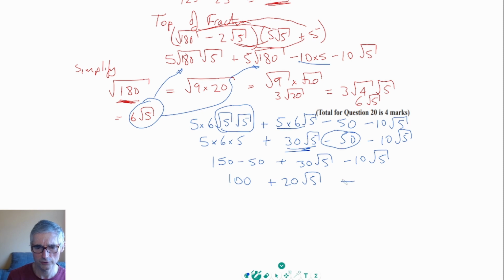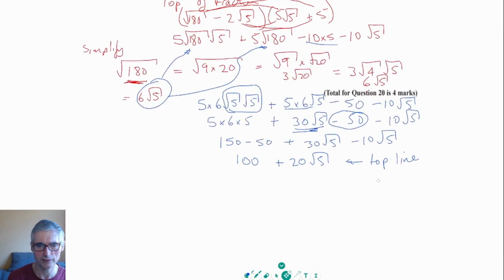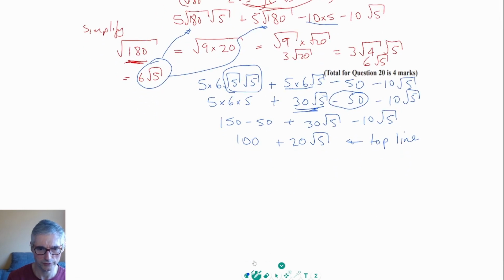So that is our top line of the fraction. And if we remember from before, the bottom of the fraction we worked out to be 100. So I'm just going to put them back together. I'm going to write 100 plus 20 root 5 over what we've got for the bottom of the fraction, which is just 100.